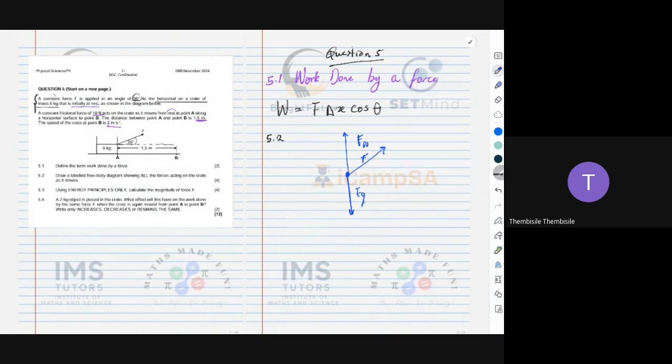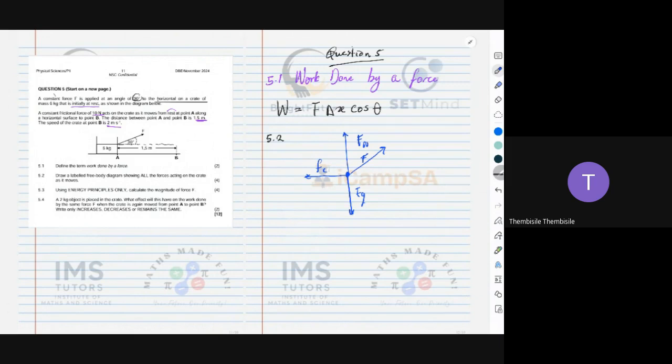Then you have your frictional force. Don't forget it, they've mentioned it in this statement here. Please don't forget your Fk, right? This is how your free body diagram would look, okay?